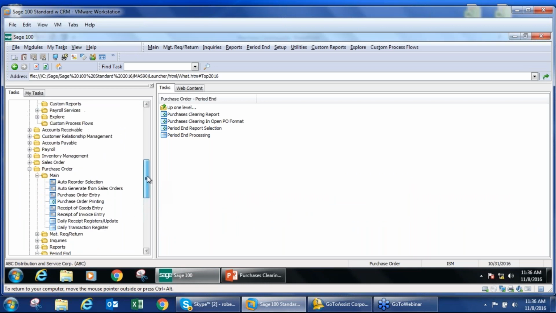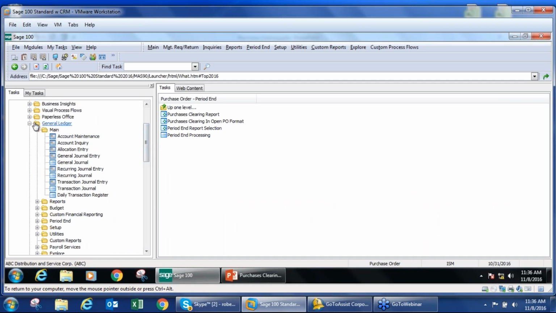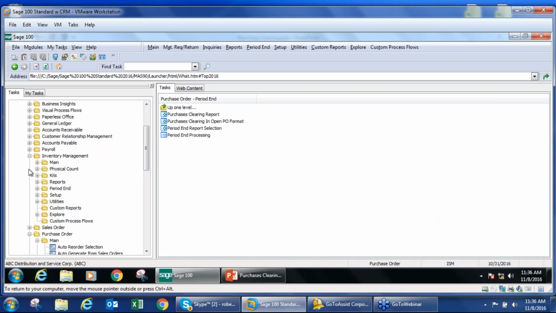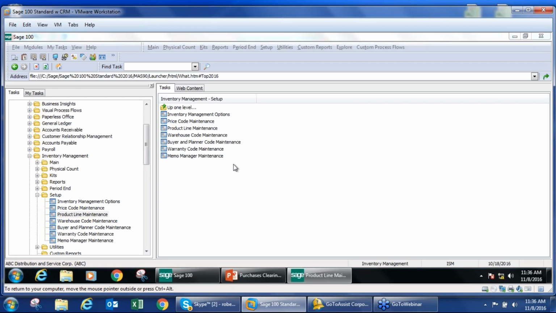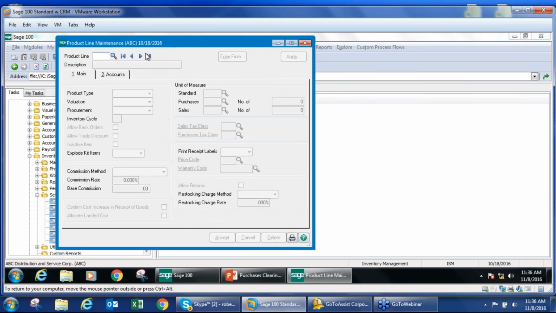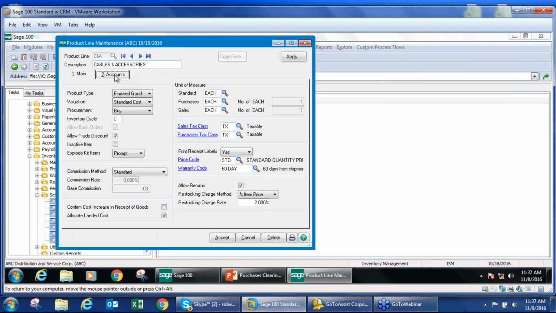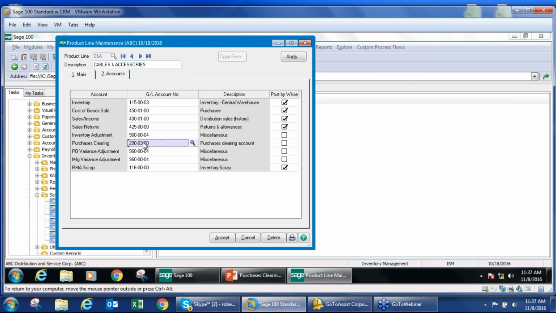First off, when we configure the system, we go to the inventory module. We go to product line maintenance. And in product line maintenance, under the accounts tab, we have an area to populate purchases clearing. This is the account that gets debited and credited each time we have a transaction that will affect the account.